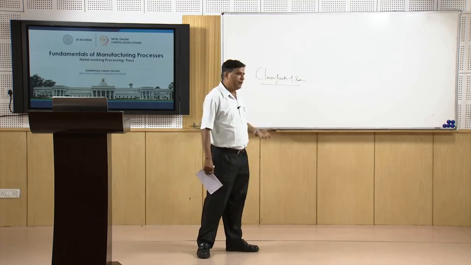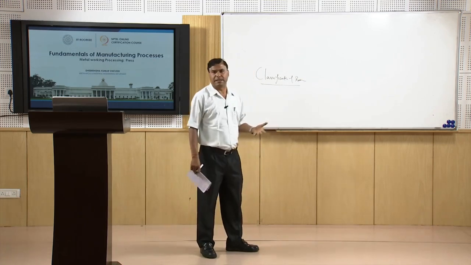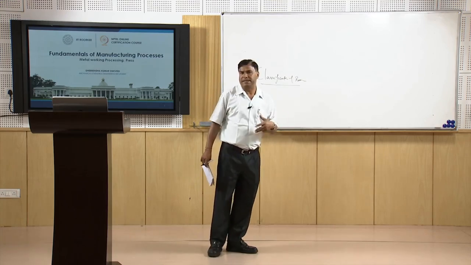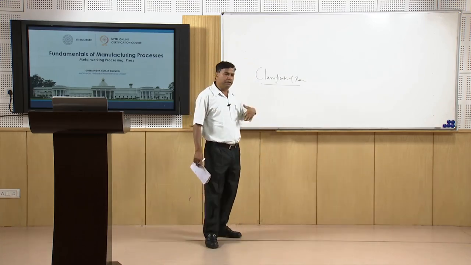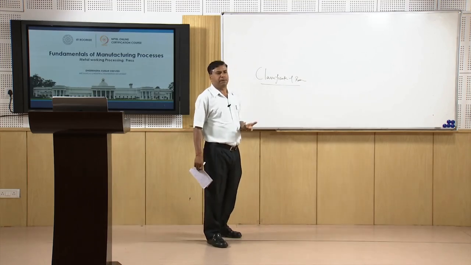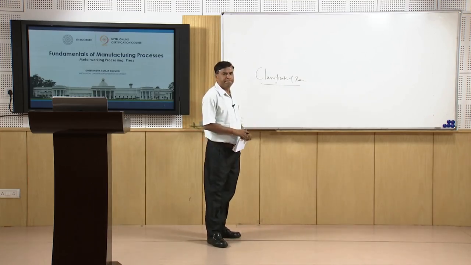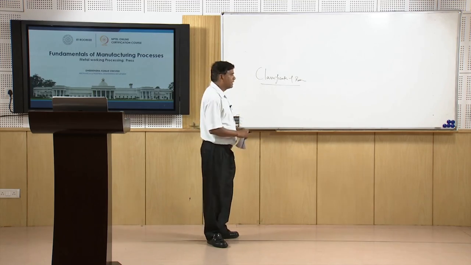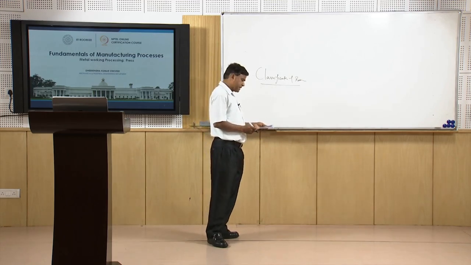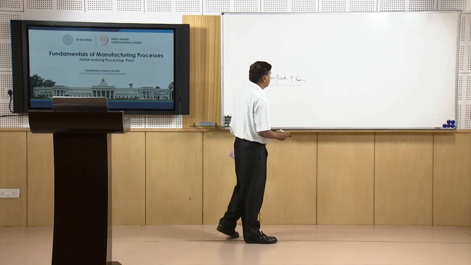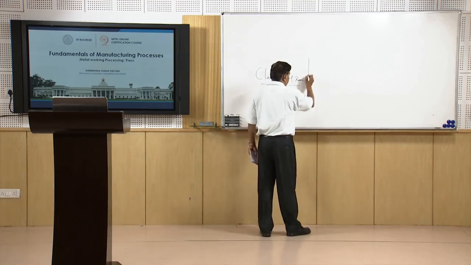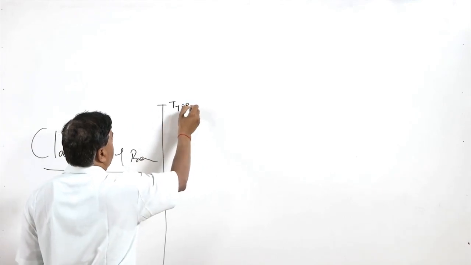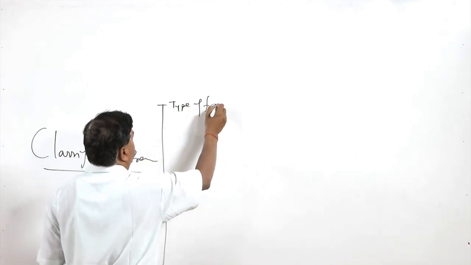There are different factors based on which presses can be classified, and if you understand press designs and press functioning in different ways, that will help us in understanding the capabilities and the limitations related with any press. The classification of the presses is based on a number of factors. One is the type of frame.